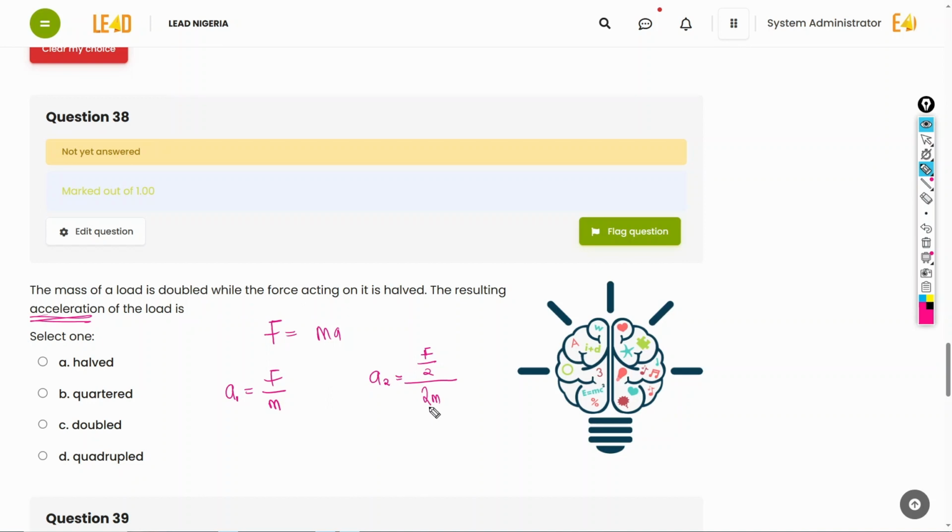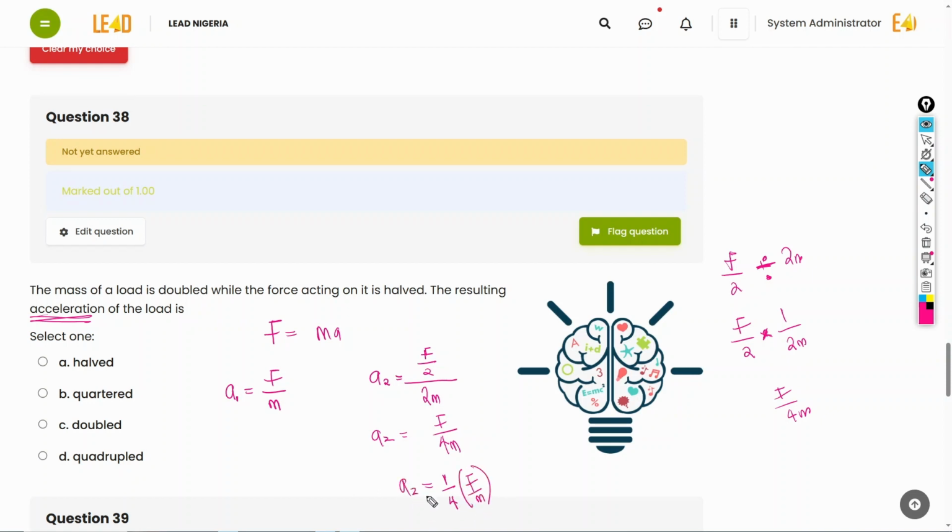Now this is just algebra. I write it out this way whenever I have multiple fractions, so that I'm able to see clearly. This is F over 2 divided by 2m. This will be F over 2 times 1 over 2m, which is basically F over 4m. So A2 is equal to F over 4m, of which I can easily factor out 1 over 4 and leave my F over m inside.